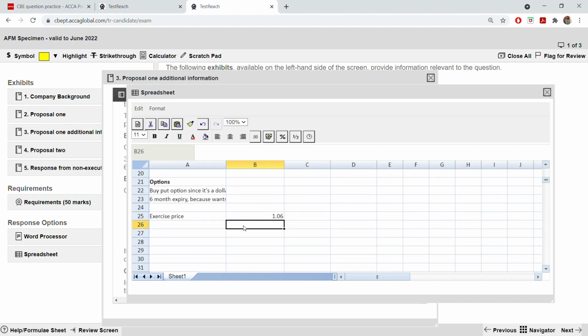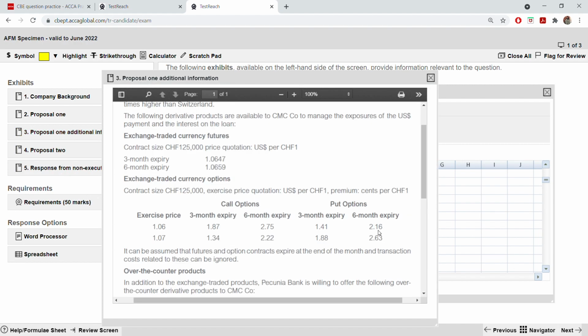From here you have to click the cell only. Exercise price 1, exercise price 2. Now premium also you can write somewhere.